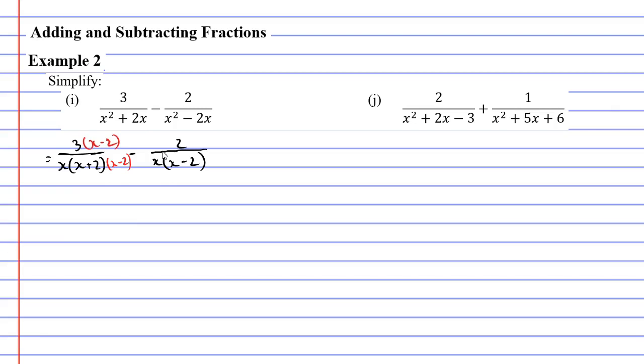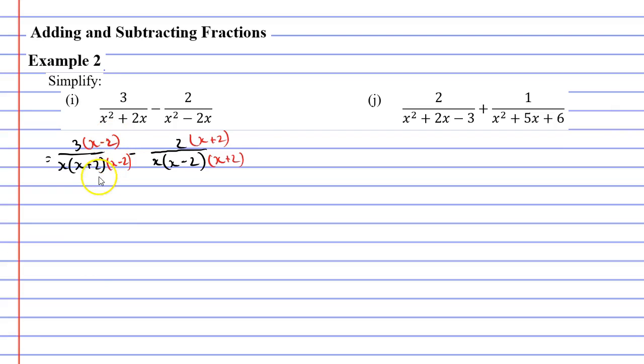And for the right side, I'm going to multiply them both by x plus 2. Now, if I hadn't factorized first, my first fraction here on the left would have had to have been multiplied by x squared minus 2x. But by factorizing first, I now only had to multiply it by x minus 2.